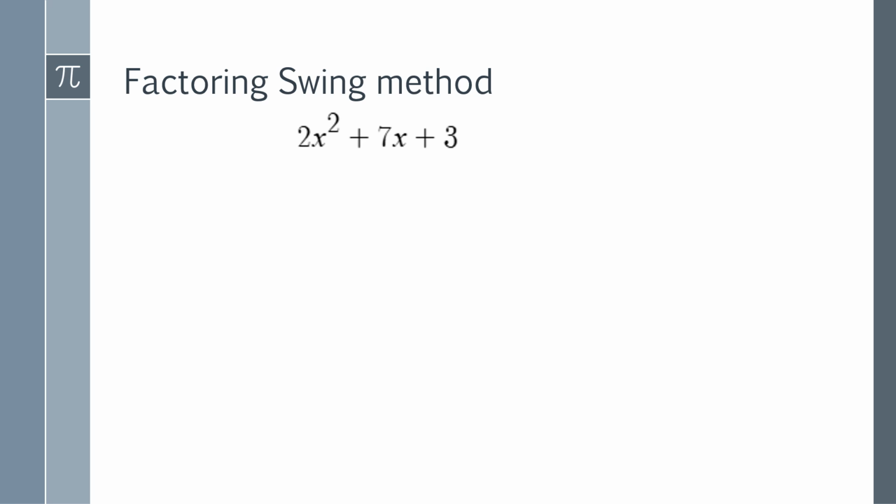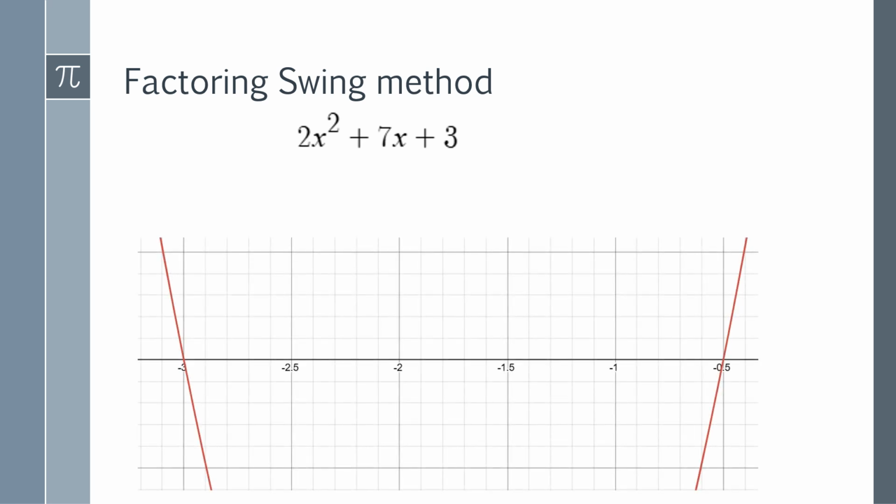All right, so when we graph this, we get -3 and -0.5. So x equals -3, x equals negative 0.5.